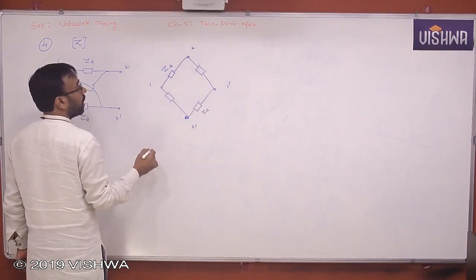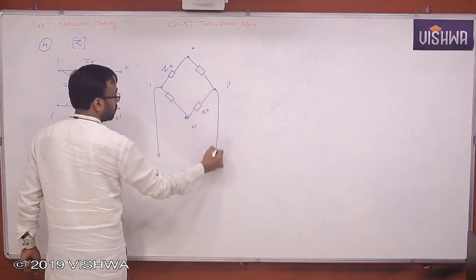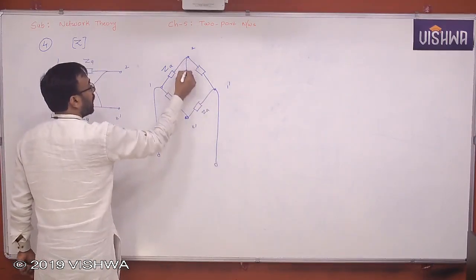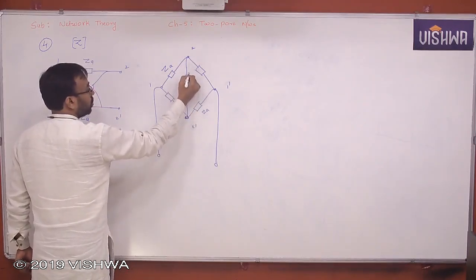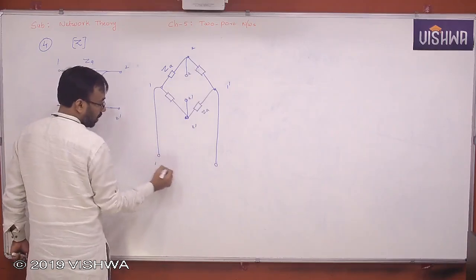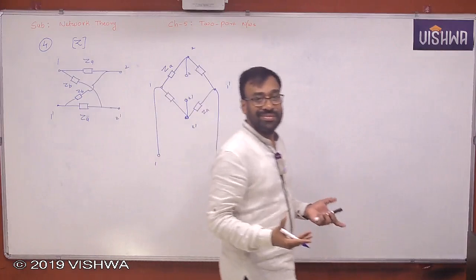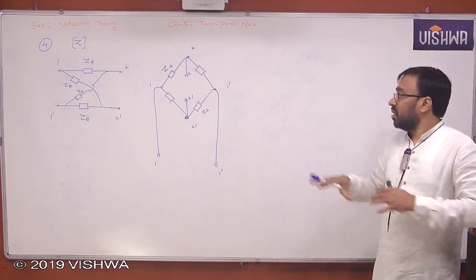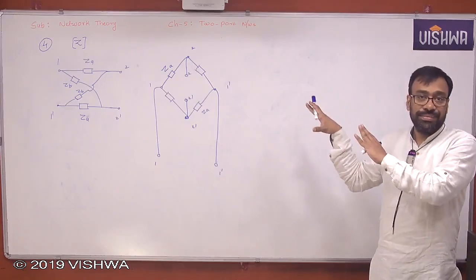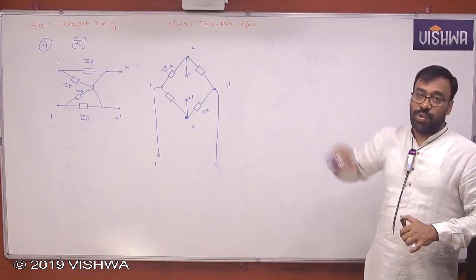Yes or no? So you have 1 dash and you have 2 dash. This is the two-port network available with you. Between 1 dash and 2 dash, all those elements are connected like that. This is reconstructing the given lattice model.